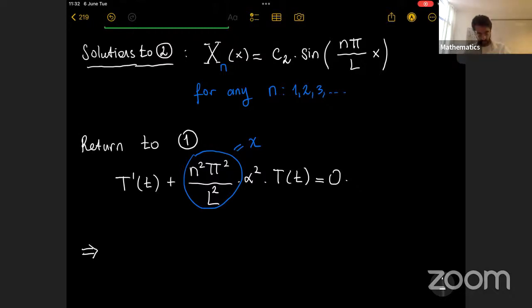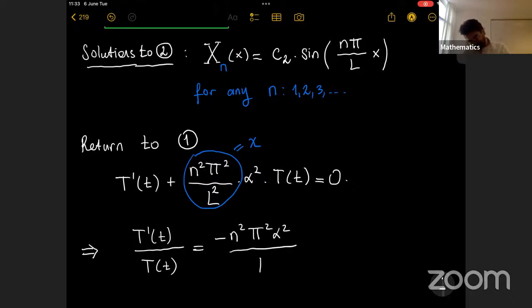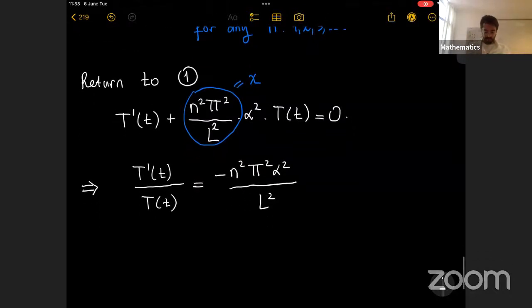So we do here, it's a separable equation. So you can write it like this, T prime(t) over T(t). You can take this constant to the right hand side. It's going to be minus n squared pi squared alpha square over L square. Okay. Now this is an easy equation to solve, right? You can integrate both sides.